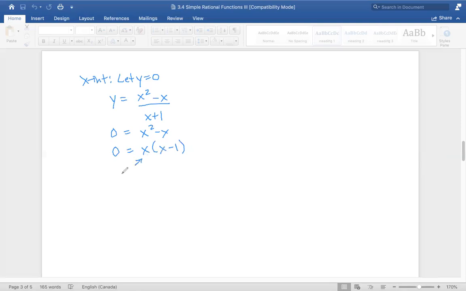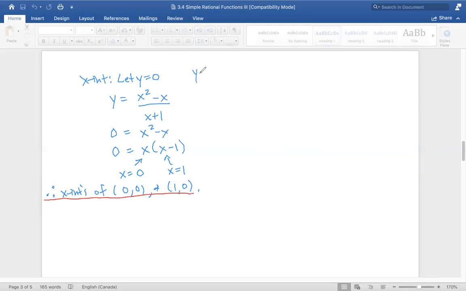Because then my one x-intercept would be 0, my other x-intercept would be 1. So therefore, I'd have an x-intercept of x is 0, y is 0, and x is 1, y is 0, right? So those are my x-intercepts: 0, 0, and 1, 0. To point that out again, if you wanted to highlight that in red or something, just so we know where to find those later.